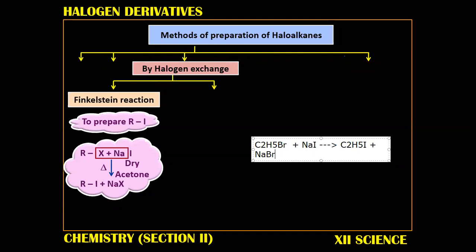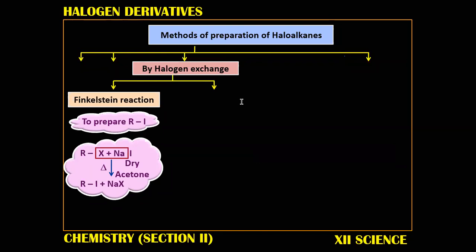Therefore, reactions are called halogen exchange reactions. Here we have to use dry acetone and heat on the arrow. Don't forget to put that. Dry acetone and also heat on the arrow. Next one, I'll change.